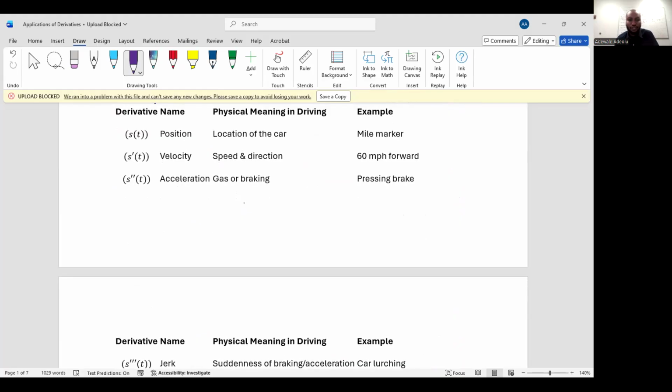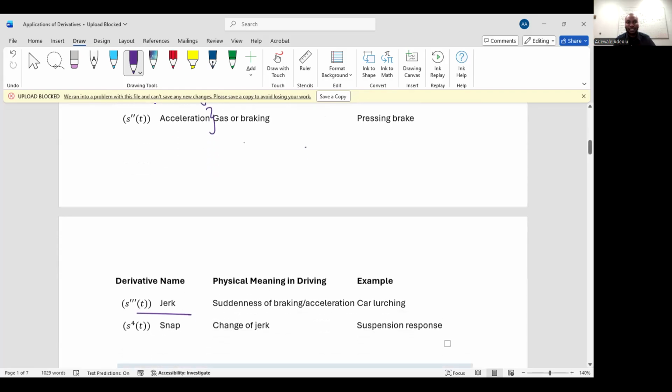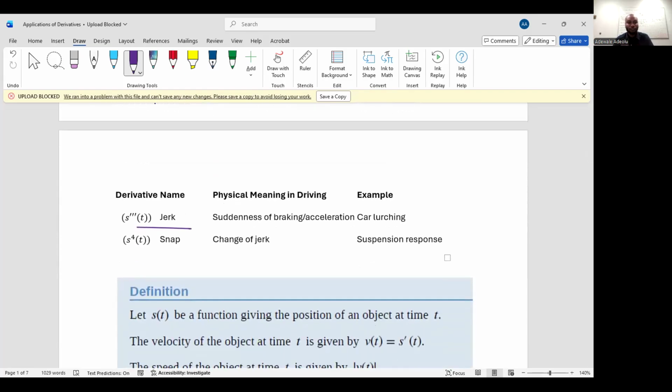And in terms of calculus, suppose you are given a function that represents the position of an object. It could be a car, it could be a body moving. If you take the derivative, that is the rate of change of that position, that will be the velocity. Then if you find the rate of change of your velocity, you have acceleration. And then there are higher levels.